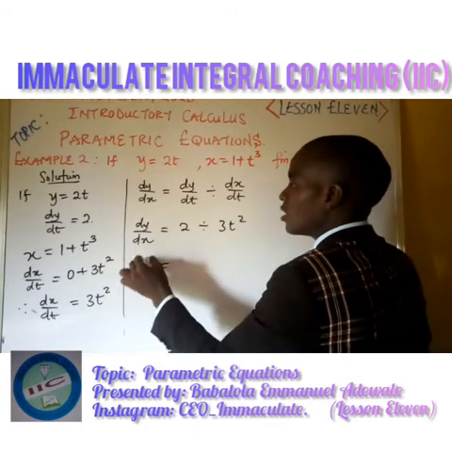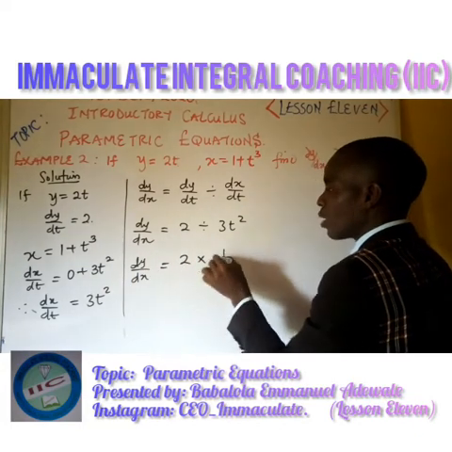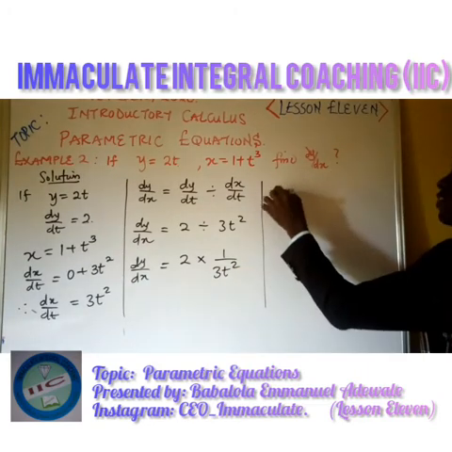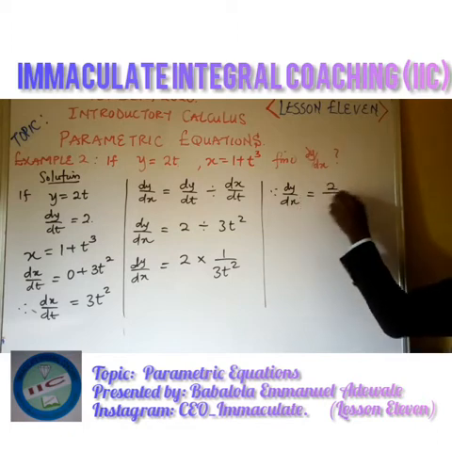Tidying this up, it will be 2 times 1 over 3t squared. Therefore, dy/dx equals 2 over 3t squared.